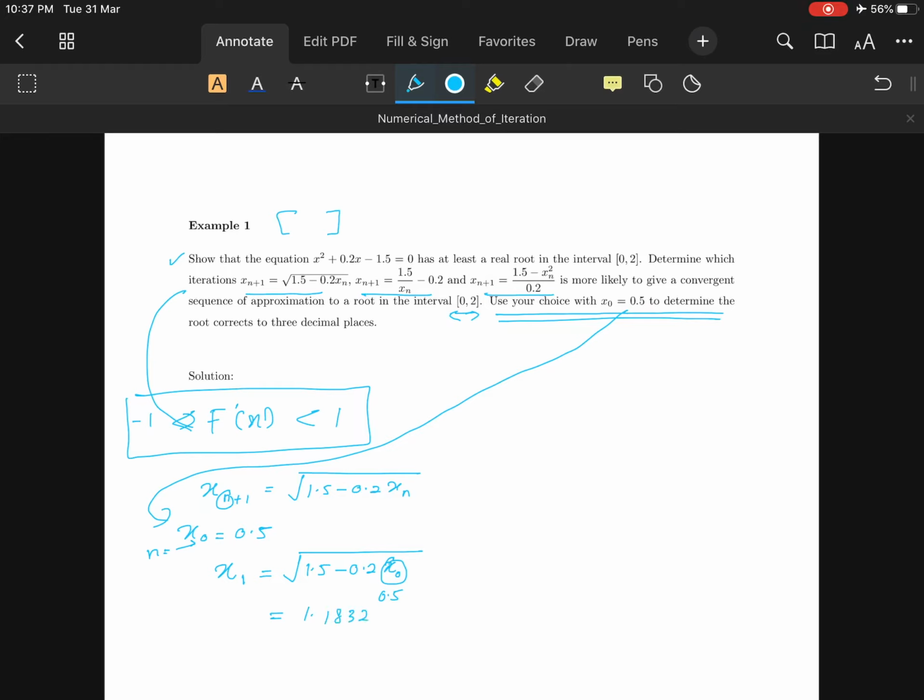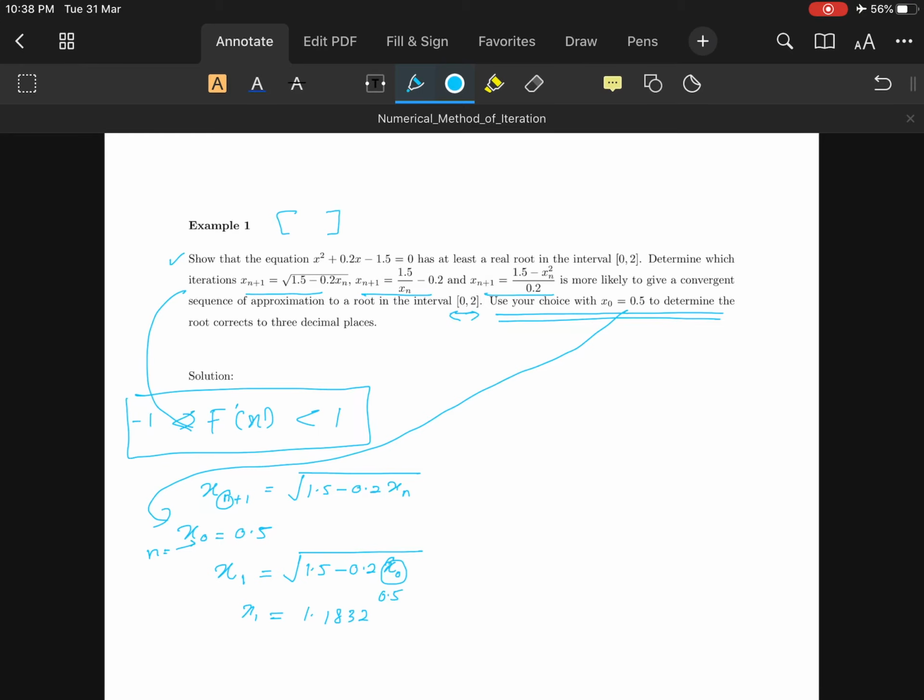1.1832. So this is x1 now. When we do the iterations, you do the iteration until the value seems to be converging to one particular value. By doing the first iteration, we still don't know whether it's a root or not.